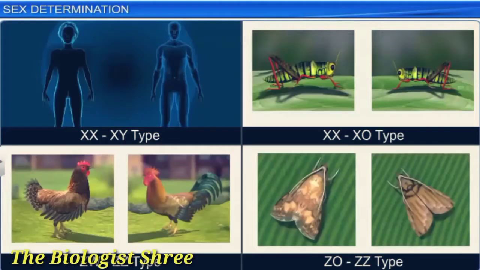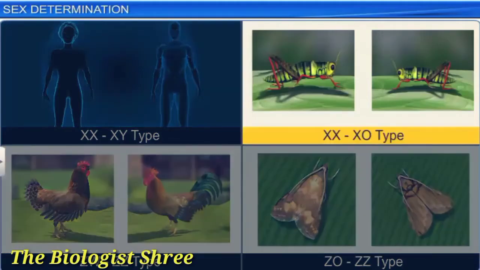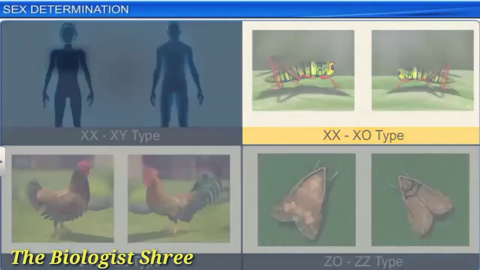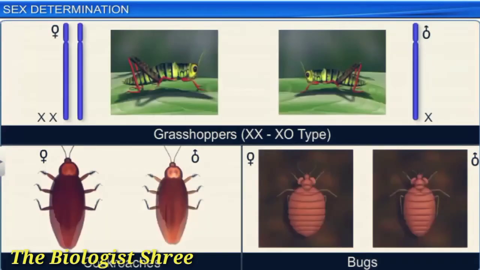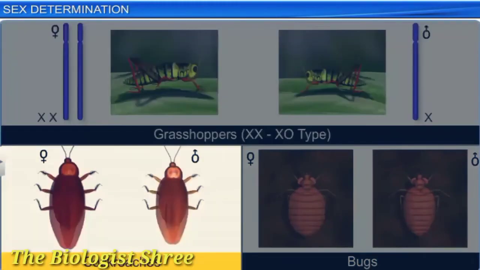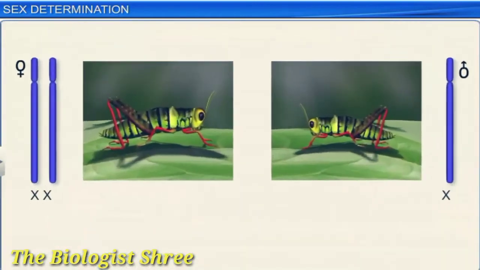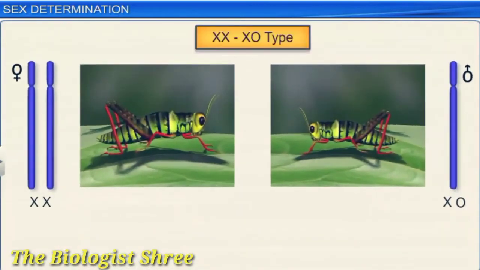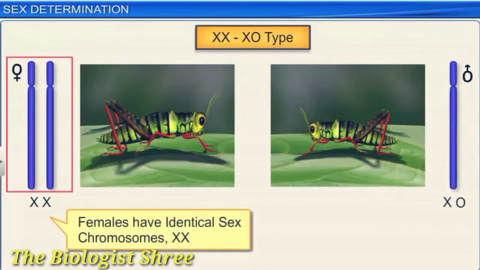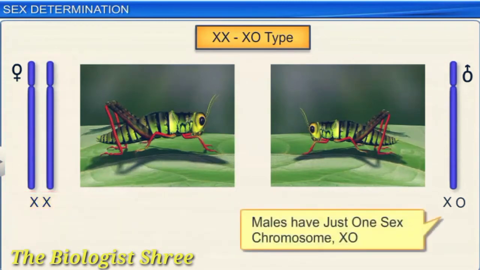Another mechanism of sex determination is the XX-XO type, which is applicable to several insects such as grasshoppers, cockroaches, and bugs. In this type of sex determination, females have two identical homologous sex chromosomes designated as XX, while the males have just one sex chromosome designated as XO.